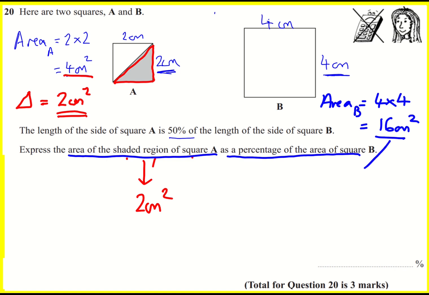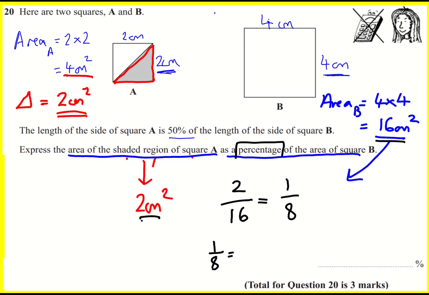So we've just got that. It is 2 out of 16. This out of that. And this simplifies to 1/8. But we now need to think about it. This is quite a tough question. As a percentage of the area of square B. Now, normally for percentages, you need to think about a fraction out of 100, and that is correct.